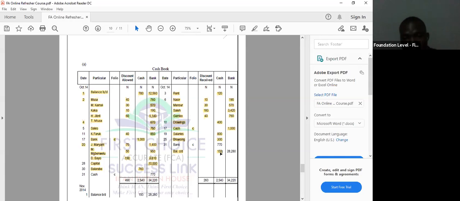So let's add that up and let's see. Under the cash column, we have 120. After 120, what else do we have? 400.